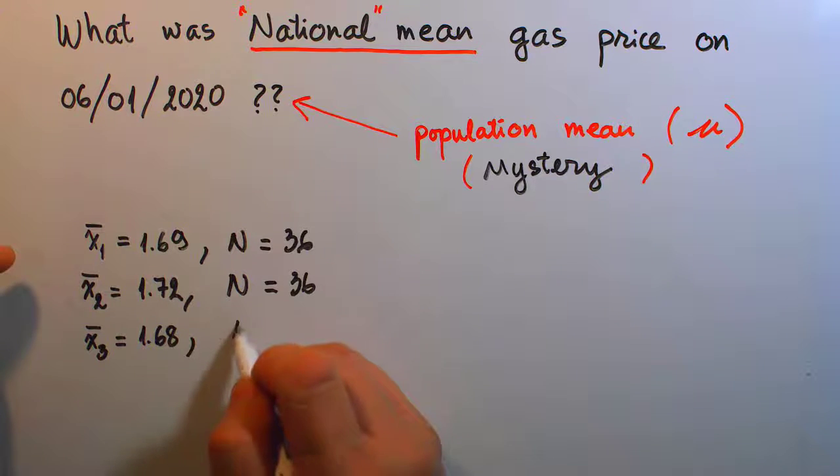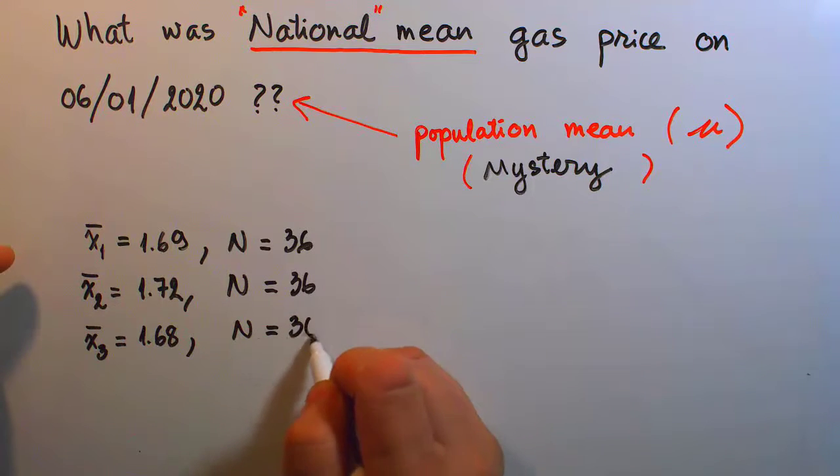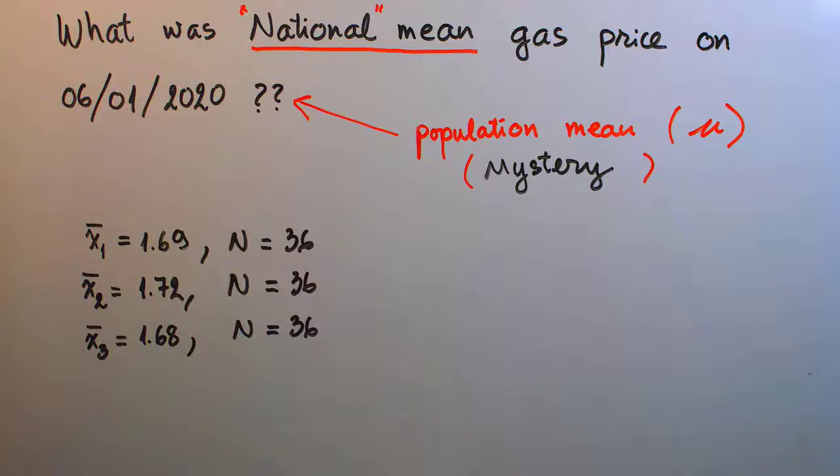And again, same sample size being 36 prices. And of course, I don't want to waste the viewers' time searching hopelessly for these, because as you are well aware, there are infinitely many of those sample means out there, provided they're all under sample size 36, meaning 36 individual prices in each sample.